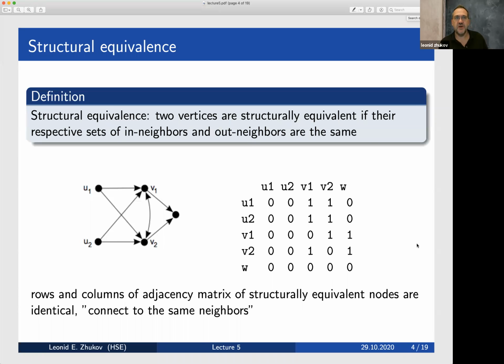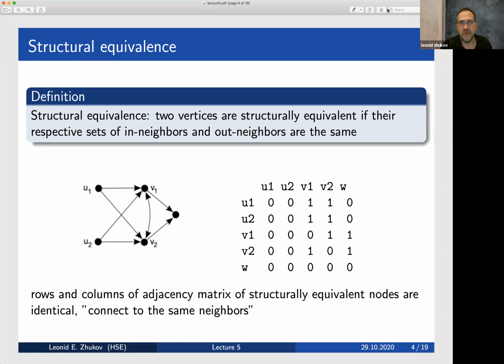So the first property we're going to talk about is called equivalence. The idea is that two vertices are called structurally equivalent if they are connected to exactly the same nodes. Or, to speak more precisely, if their respective sets of in-neighbors and out-neighbors are the same.